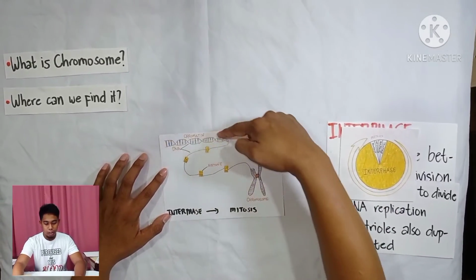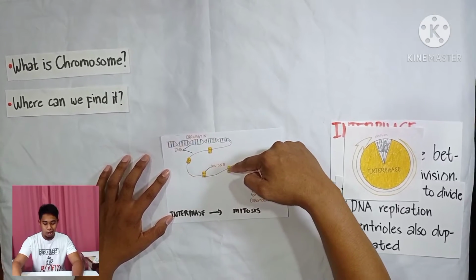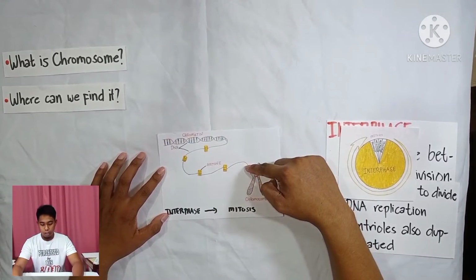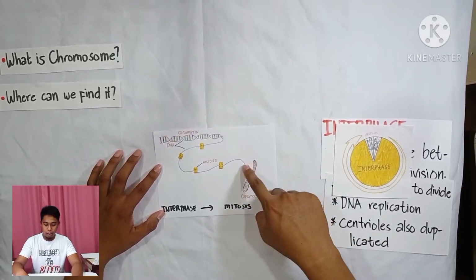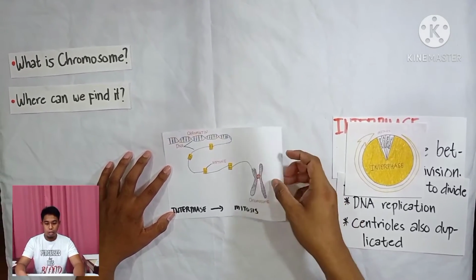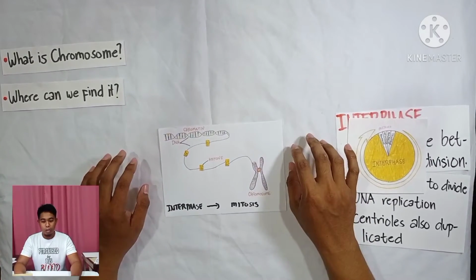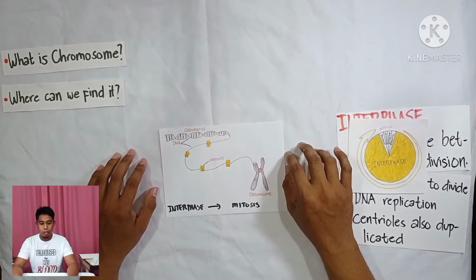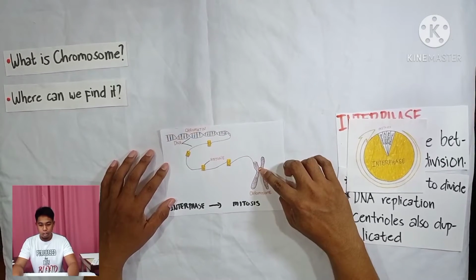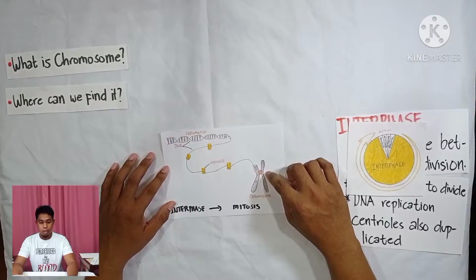This is our chromatin. It's a thread-like structure. And during mitosis, it condenses to become chromosome. So during mitosis, the chromatin condenses to form a chromatid. The chromatids are joined at the centromeres, this one, to form a single mitotic chromosome.